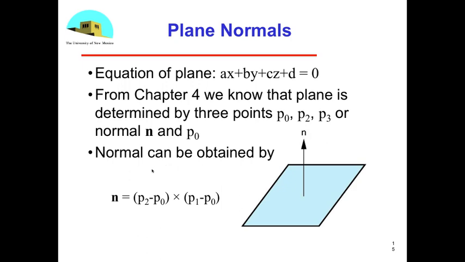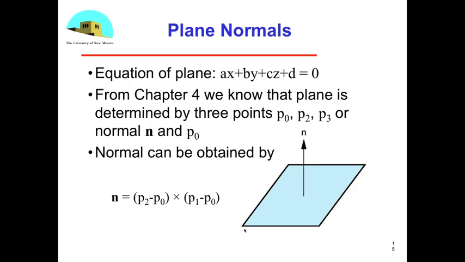Another way to look at this is that if I have those 3 points that determine this plane, I could take the cross product of any two vectors that lie in the plane, and they will have to be normal to it. I have to be a little careful here of the order to make sure that if this is an outward pointing face, the normal is pointing in the outward direction.